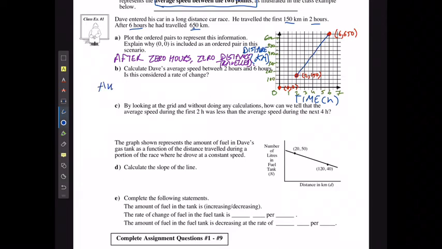So the average speed is going to equal 650 minus 150 over 6 minus 2, which would be the same as 500 over 4, or 125, and then I just need to put in the units, kilometers per hour.